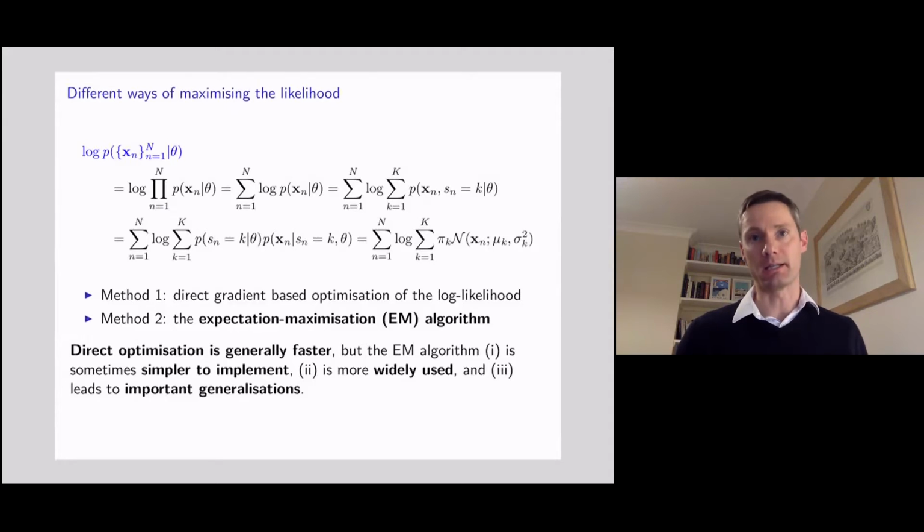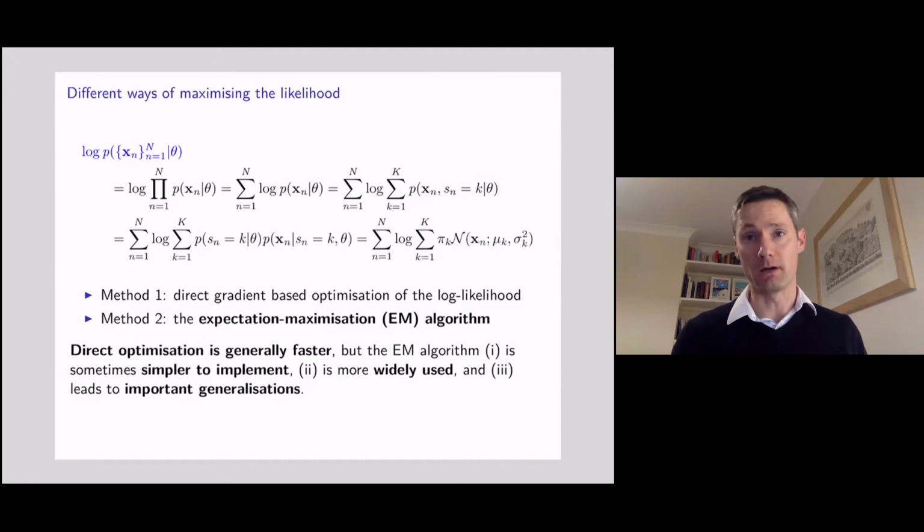And then thirdly, and most critically, the perspective from EM, in particular the connection to variational inference, is going to lead to incredibly important generalizations, and the objects that we encounter and the EM algorithm itself can be generalized to non-linear, non-simple distributions, so it can go outside what's called exponential family distributions.